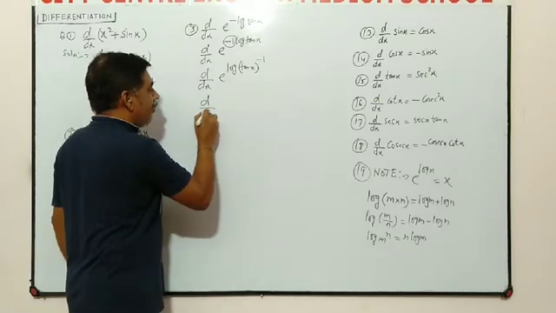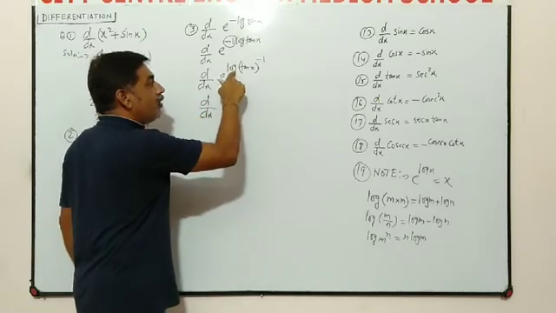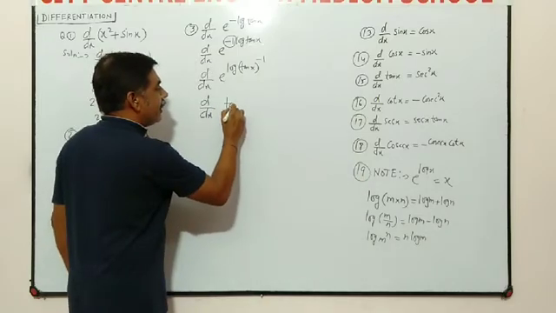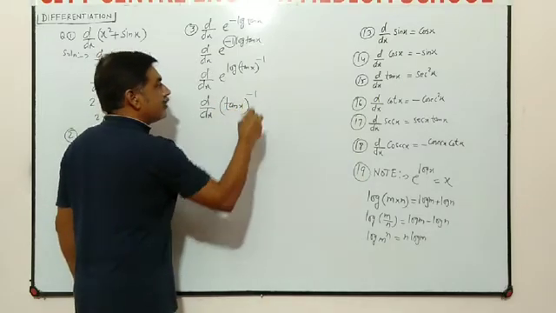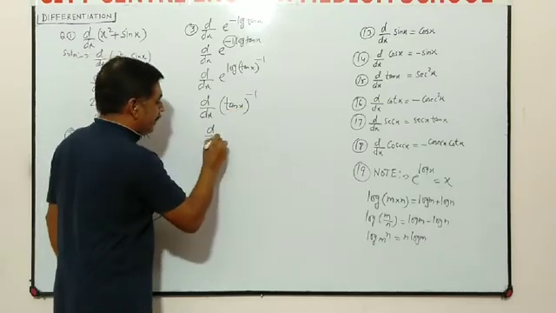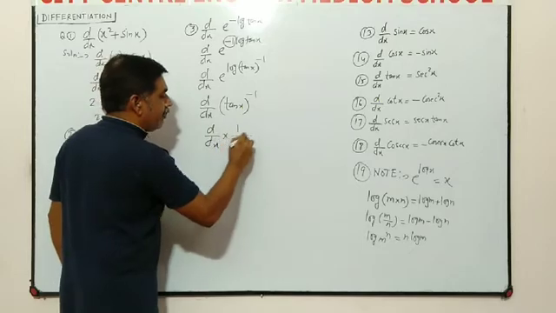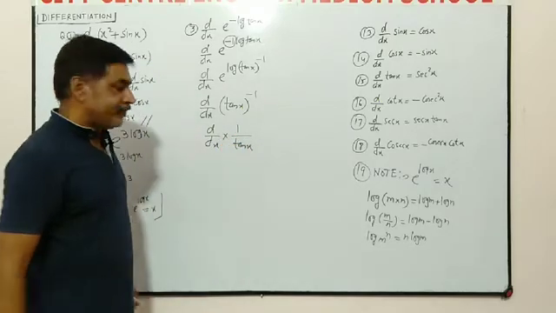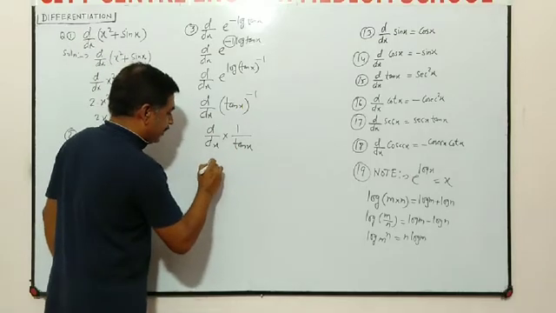So e raised to log x is equal to x. So we can write 10x raised to minus 1. Now 10x raised to minus 1 means 1 upon 10x, 1 upon 10x cot x.